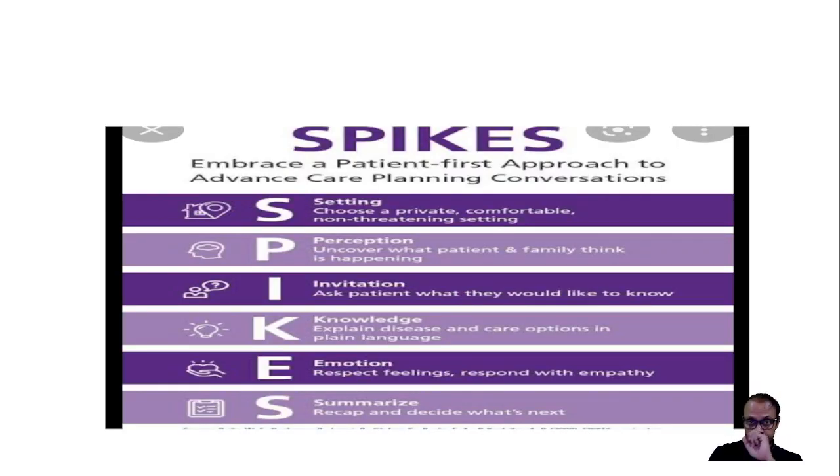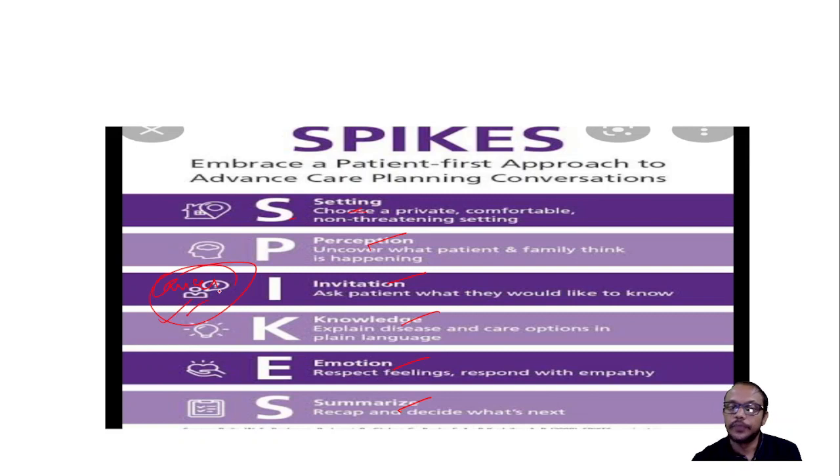This is SPIKES. S is for setting, P for perception, I for invitation, K for knowledge, E for emotion, S for summary. So SPIKES is done for advanced care planning conversations. Actually it was started for cancer patients.